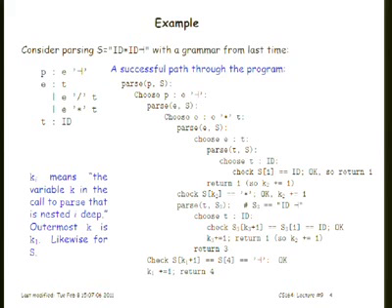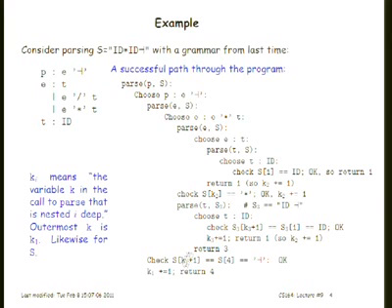We come through, we parse the T, that's fine. It returns the position that we've consumed. We check that we have a star second. Yes, that's fine, so we keep going. We then check to see whether we have a T after that, and assuming that we do, it turns out that matches ID perfectly, so everything's fine.